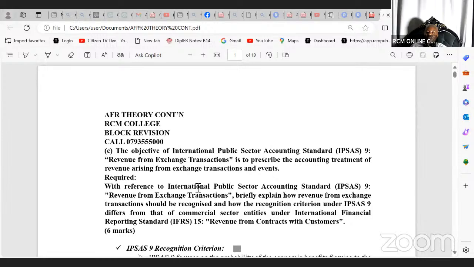With reference to IPSAS 9, briefly explain how revenue from exchange transactions should be recognized and how the recognition criterion under IPSAS 9 differs from that of commercial sector entities under International Financial Reporting Standard IFRS 15, revenue from contracts with customers.